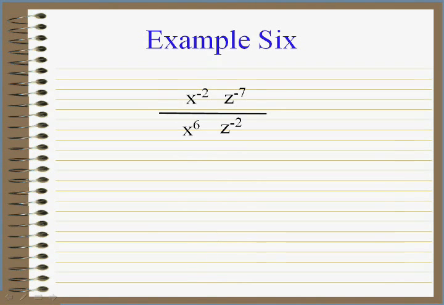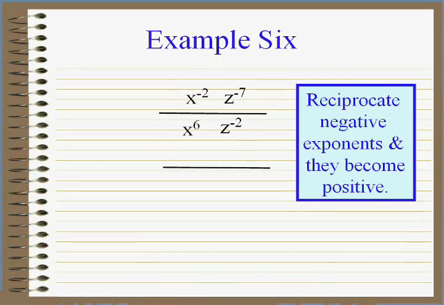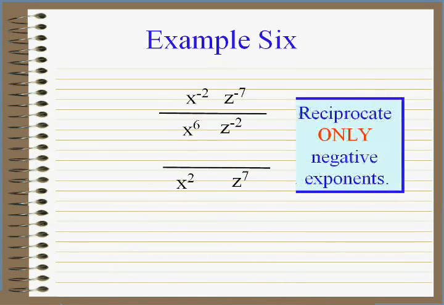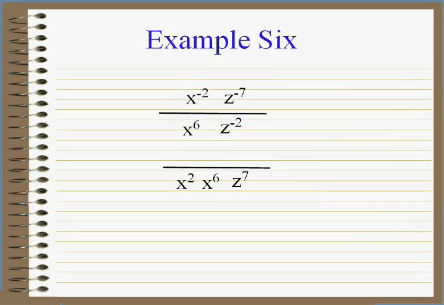Let's look at this one. One at a time. He's going to go down because he's a negative exponent. Just reciprocate. Z to the minus 7 is going to go in the denominator. X to the 6th is a positive exponent. Leave him alone right where he is. And z to the minus 2 will be reciprocated.